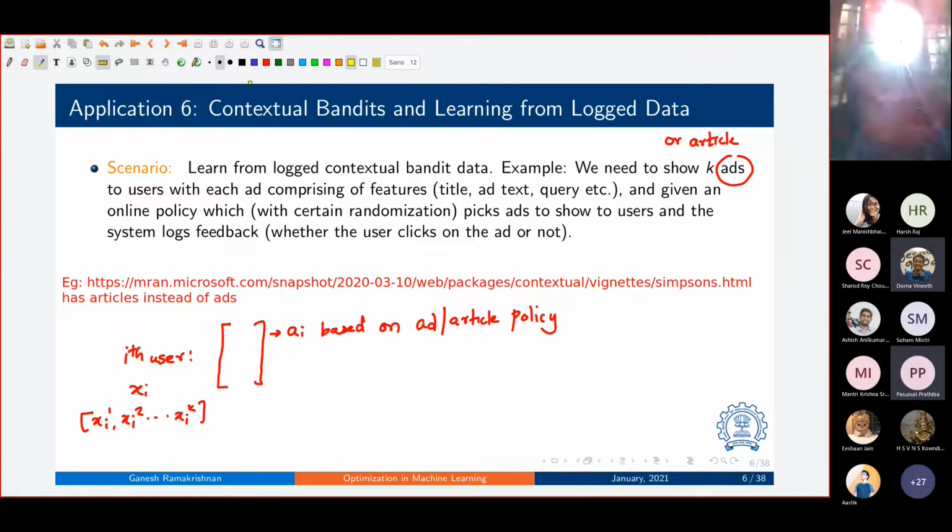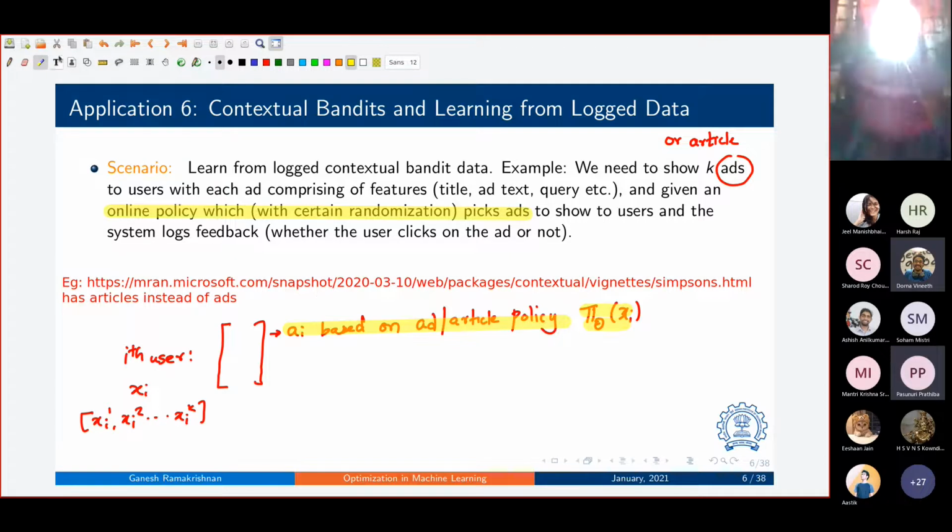Let me highlight this part. The online policy, with certain randomization, picks ads. That's exactly what's happening here. Now the policy itself, we can give it a name. We'll call it pi theta. For a user xi, based on the features of that person, man, woman, whatever, it has picked a certain article. The user, on the other hand, has assigned a reward.